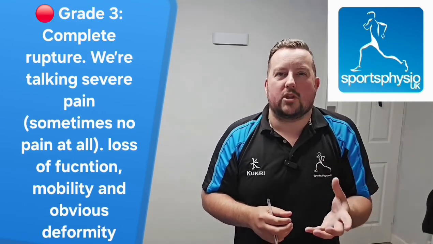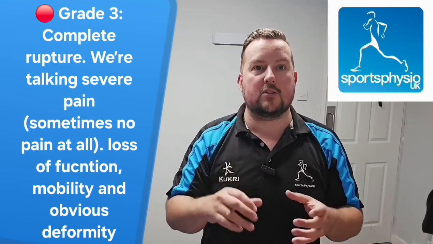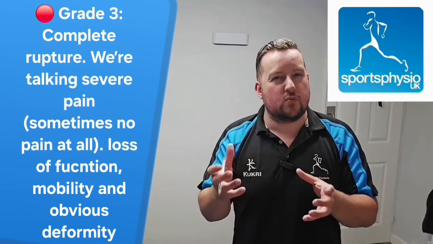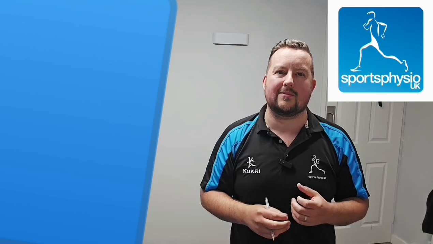And grade 3 is a complete rupture. We're talking severe pain, sometimes no pain at all if there's a major tear, but big amounts of swelling and instability. Grade 1 and 2, we deal with that. Grade 3, we will still deal with it, but you need a consultant as well.